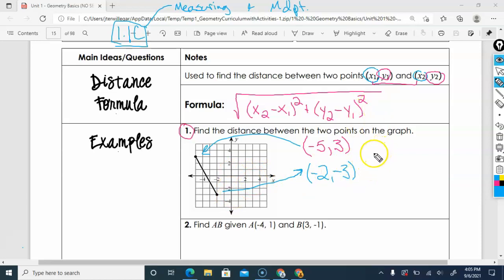Now from here, I'm going to go straight to the formula. I'm going to do square root of, let's do 2's because why not? -2 minus something squared plus -3 minus something squared. So I'm plugging in my x2 and my y2.